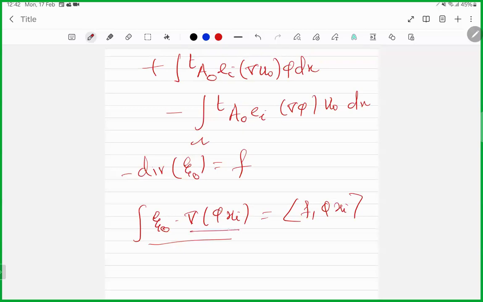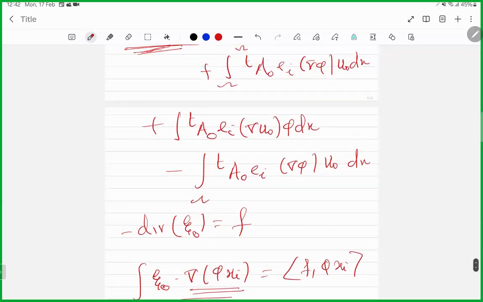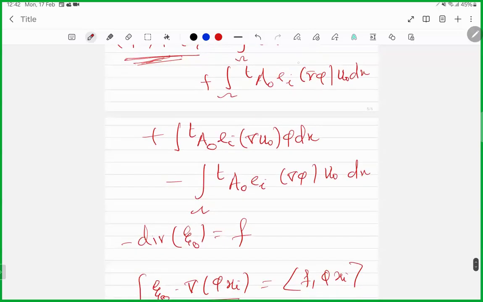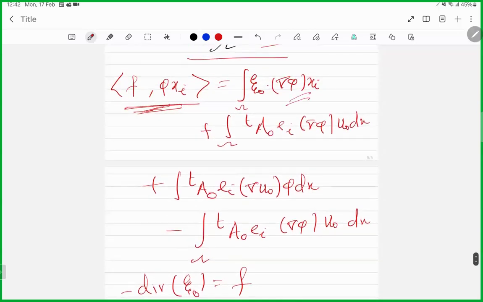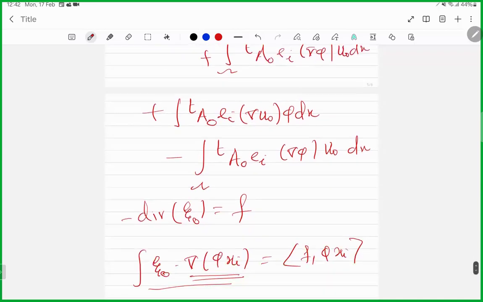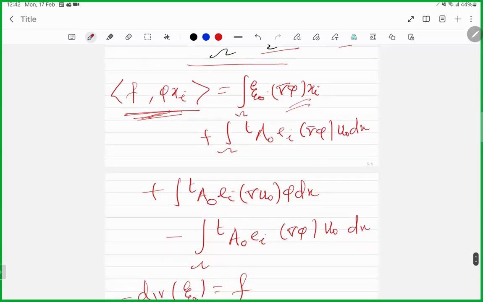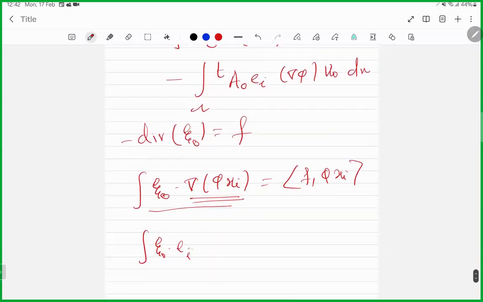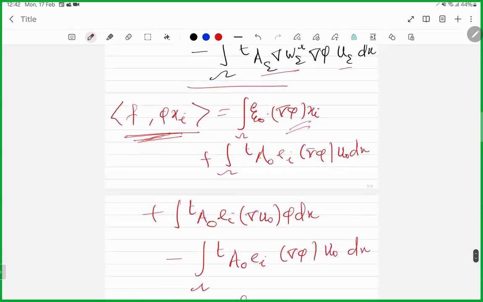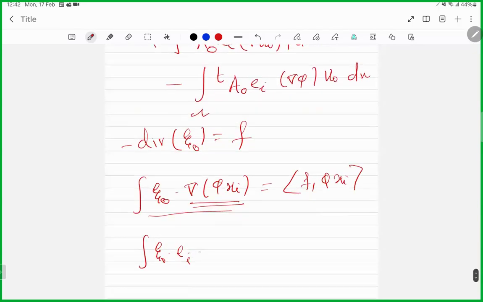But this is with the gradient of phi xi, and there is already grad phi xi here. If it comes to the left hand side, what remains is xi naught, grad EI, and phi, right? EI phi. So that's what will remain on the left hand side.